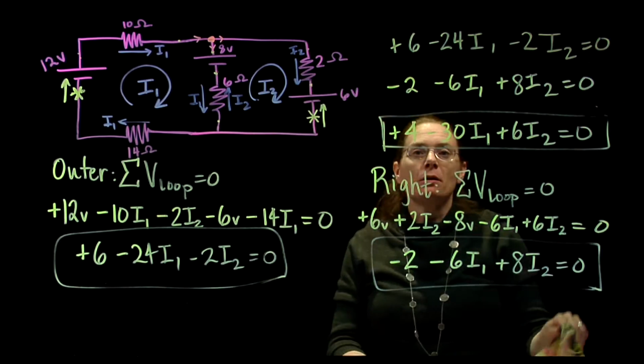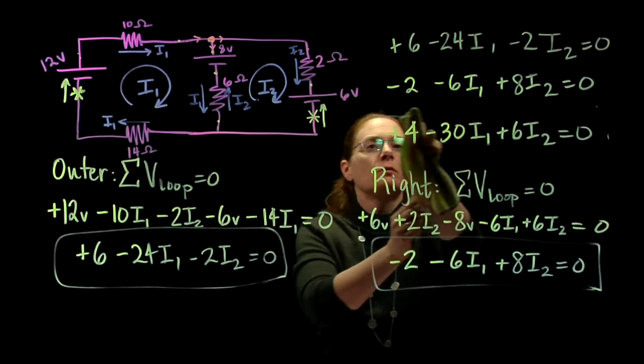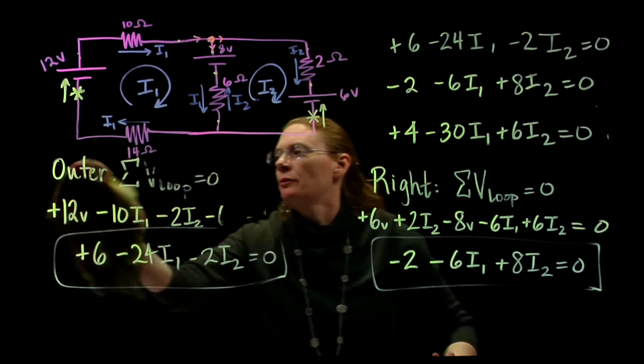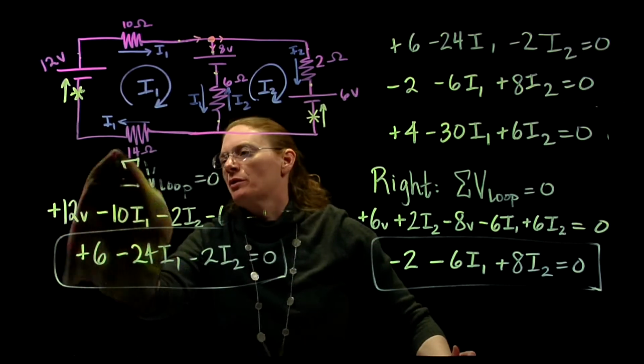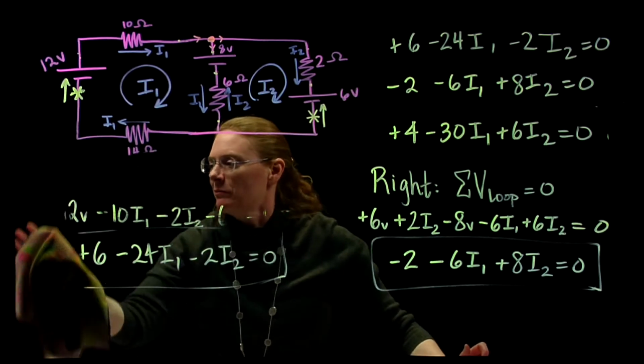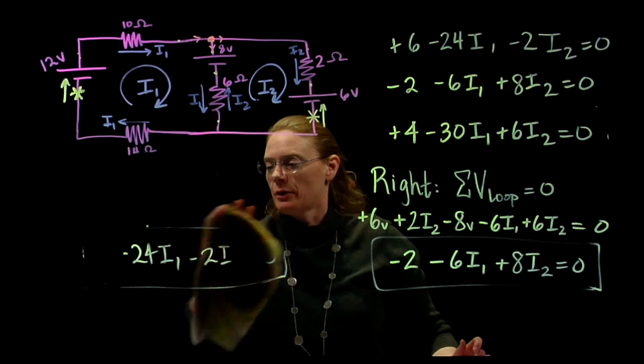Okay, so I have 3 equations and 2 unknowns, so I have more information than I need, but that can be very helpful because sometimes the numbers are not very pretty, and if the numbers aren't very pretty, you might want to make your life a little easier with solving the simultaneous equations.